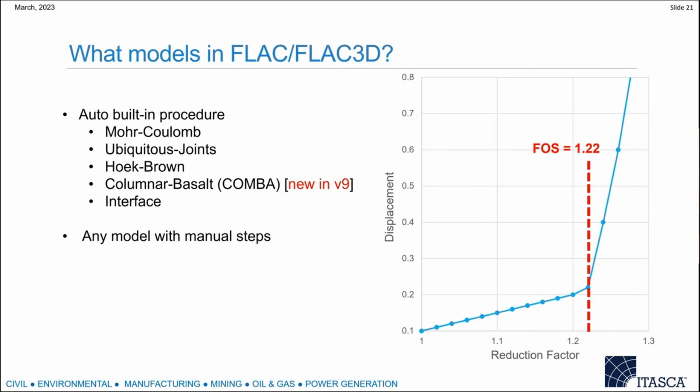So next, you may ask a question: what models can have automatic factor of safety calculation in FLAC and FLAC3D? So far, the built-in models with factor of safety calculations are, number one, Mohr-Coulomb. Number two, the ubiquitous joint model. Number three, the Hoek-Brown model.